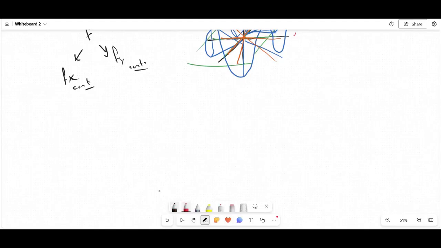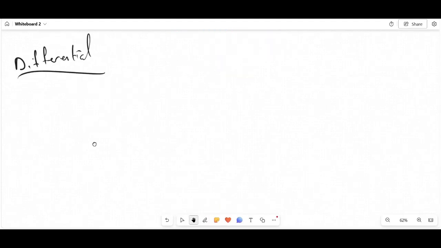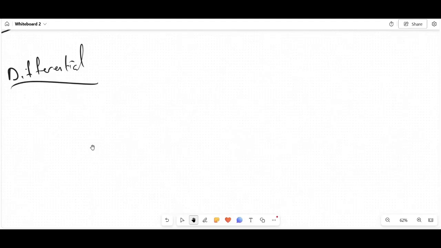There's one more idea to get through for this section, and it's the idea of a differential. And this is not very different from tangent plane or linear approximation. There is a small, subtle difference. One more time, let's recall one variable calculus.